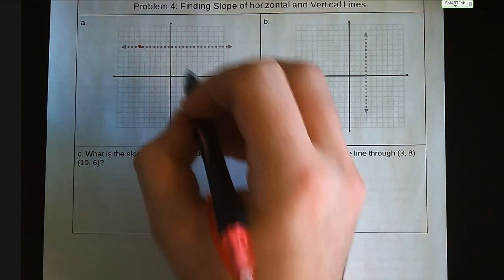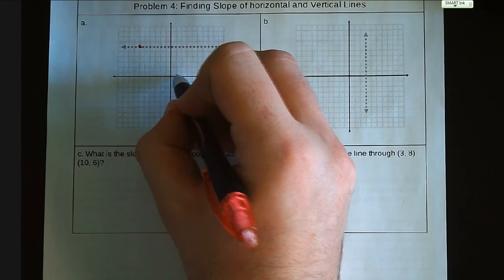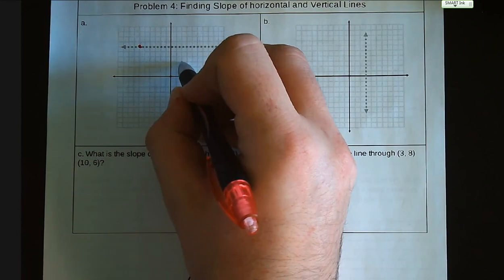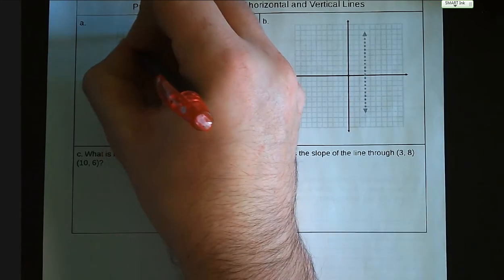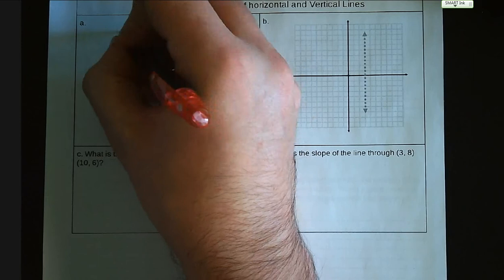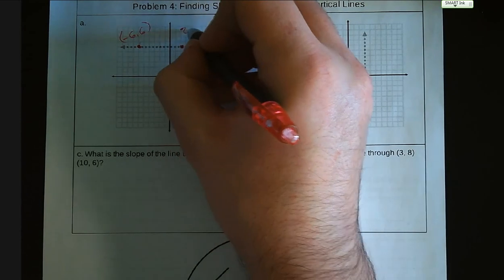And then we have a point at 2, 6. So let's write those coordinates in: negative 6, 6, and 2, 6.